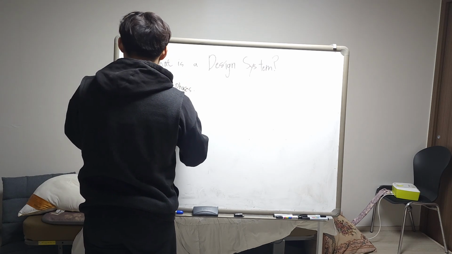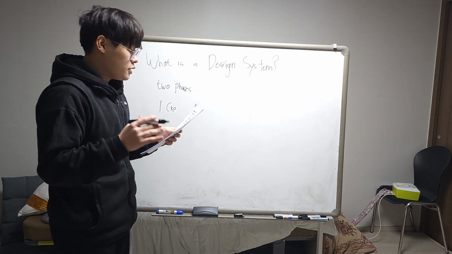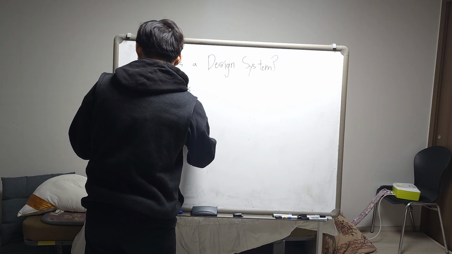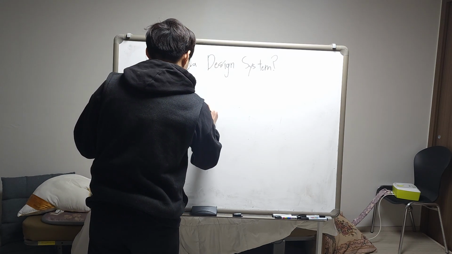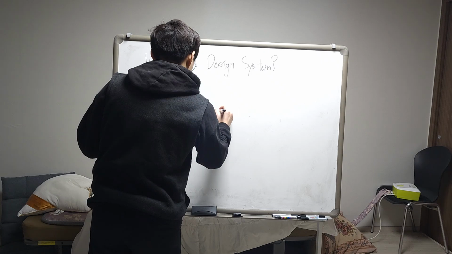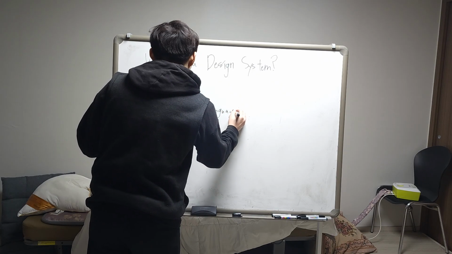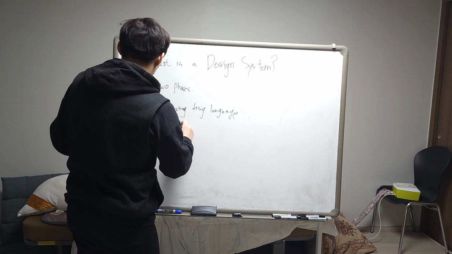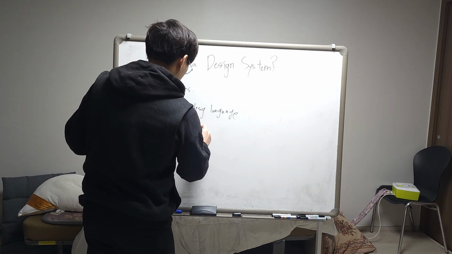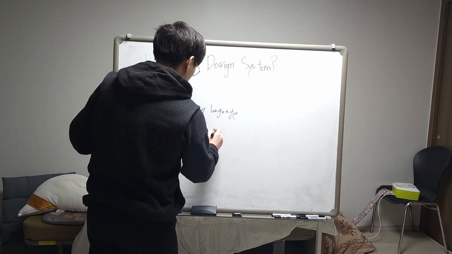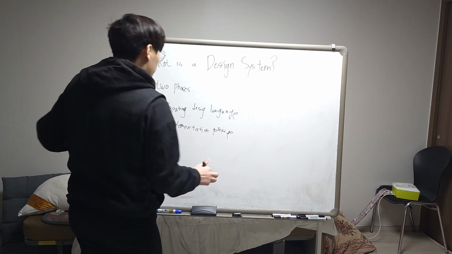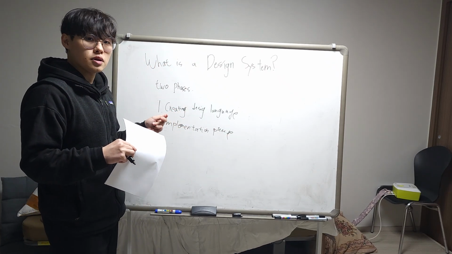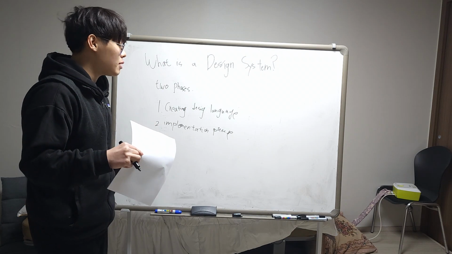First is creating the design language, and next is the implementation phase. So they create their own design language, the names of their variables, those kinds of things, and they implement it.